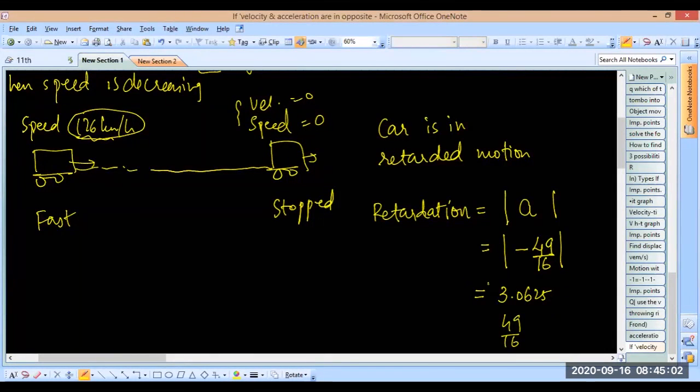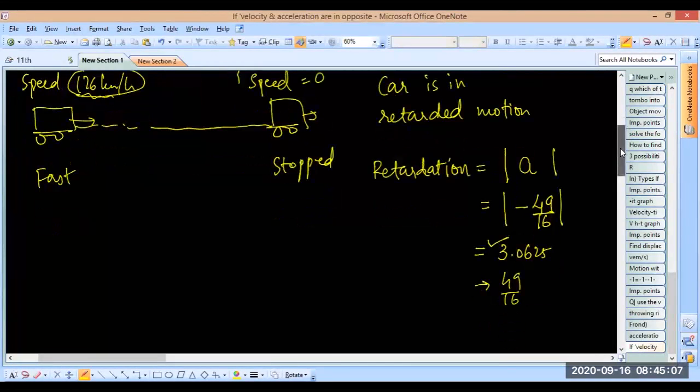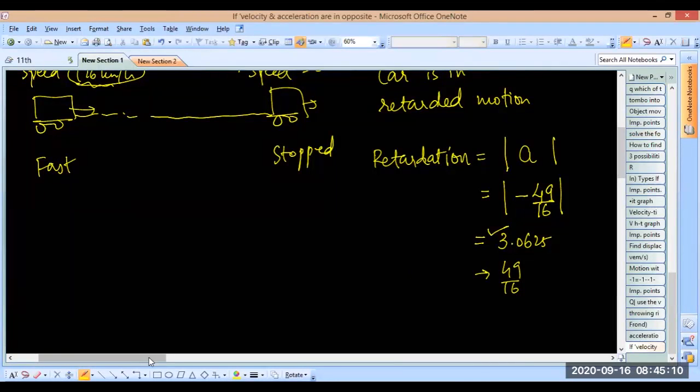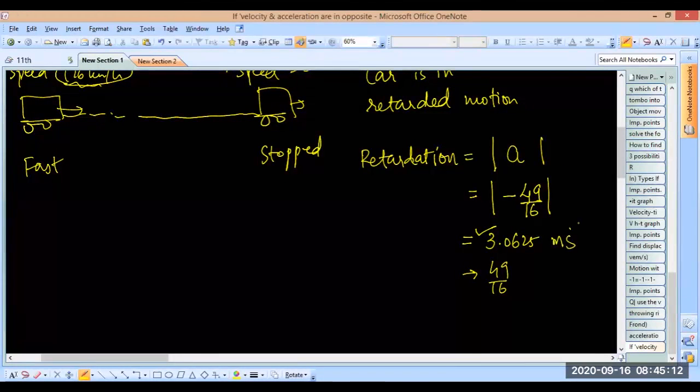Generally, in the board exam you should write it like this, but you should also know fractions, because you don't get calculators in JEE NEET. So this is your answer for retardation. The unit will be the same. There is no symbol for retardation, and it would be confusing if you took one. We use it very rarely, and it's not like every question talks about retardation. So the retardation is 49/16.